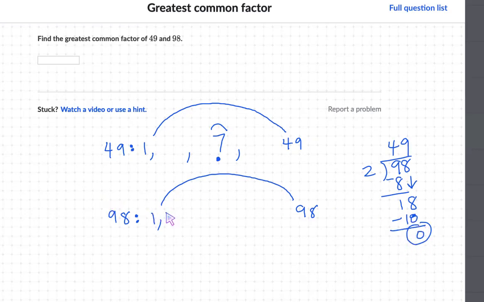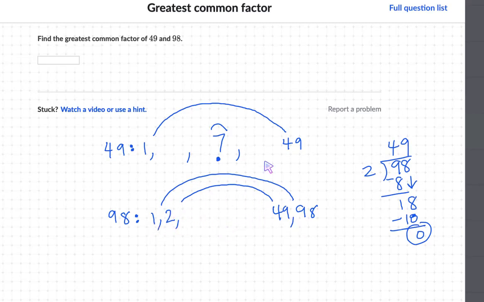Okay, so we have 2 that goes into it, and 2 is paired up with 49. So 2 and 49. Now all our numbers that remain are the ones between 2 and 49. We're just going to keep on narrowing it down. All numbers between 49 and 98 just automatically don't work because we already found these outside pairs. We're basically narrowing it down here.